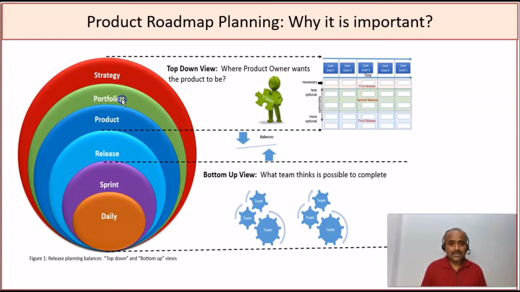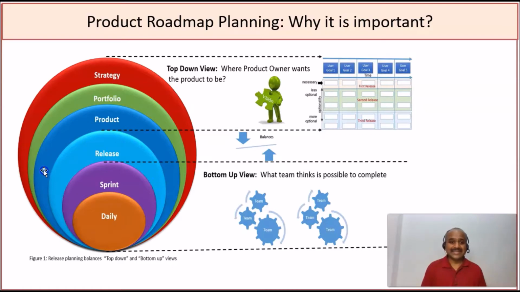Now, as part of the target set for a specific product, the product roadmap planning event takes shape, where it decides what features need to be built and when. It thus gives guidance to the release planning event.